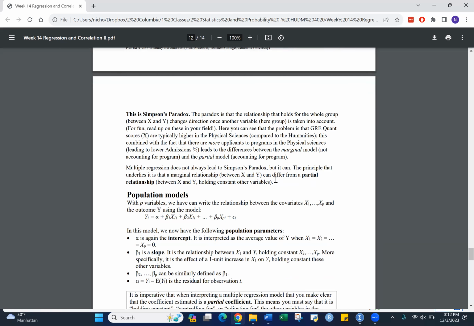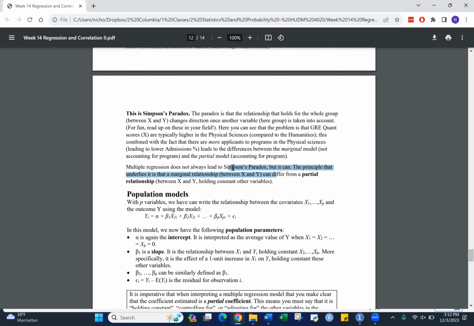This also extends to correlations. You can have a partial correlation.